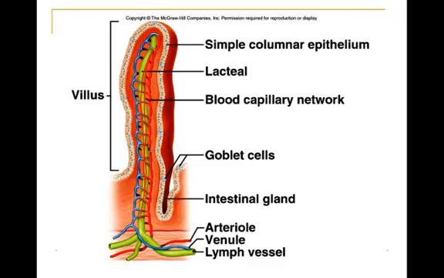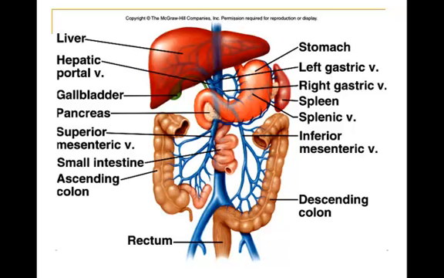But surrounding it here is a capillary, and that capillary absorbs the nutrients through the cell wall and takes them in. In this situation, they go into the venous side. And the venous side then takes it to the liver before it goes back to the heart to be reorganized. The next picture is going to show you that better.